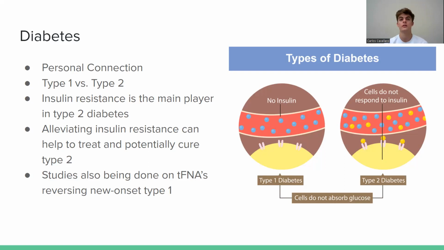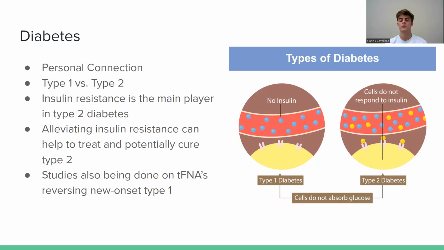So in type 1, there is just no insulin present, and therefore these individuals, including myself, need to take in insulin in the form of a shot or an insulin pump into their body, and that way they can take the glucose into their cells. Whereas for type 2, as I was talking about earlier, these cells are just not as receptive to the insulin.